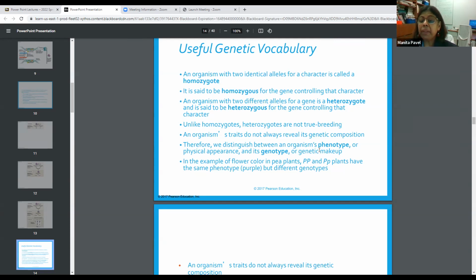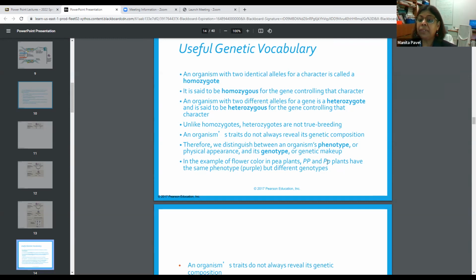Opposite of phenotype is genotype. Geno, genetic composition. So genotype is the genetic makeup or the genetic composition of an individual. Therefore, how do we express the genotype? It's always expressed in the form of letters. So capital P, capital P is the genotype for purple flowers. Capital P, lowercase p is the genotype for purple.